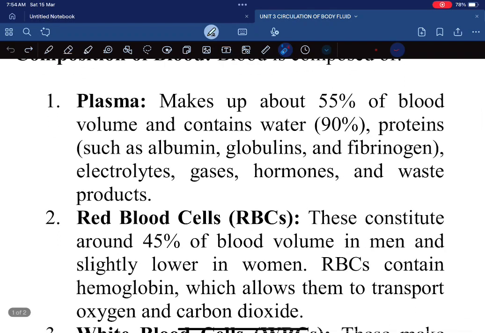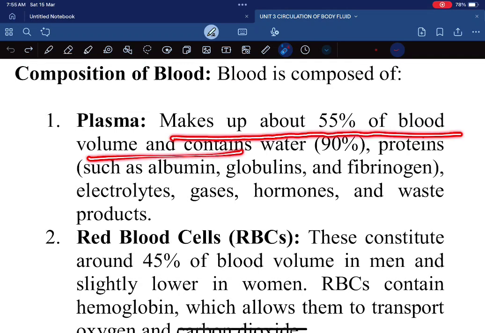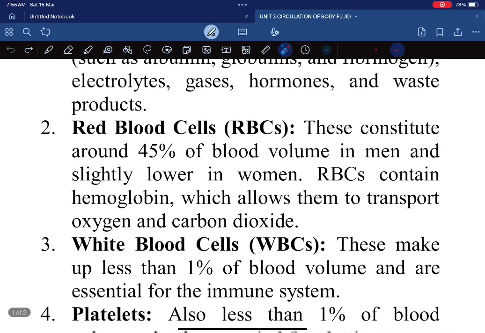Composition of blood. Blood is composed of, first, plasma, which makes up about 55% of blood volume and contains water 90%, proteins such as albumin, globulins and fibrinogen, electrolytes, gases, hormones and waste products. Second, red blood cells.